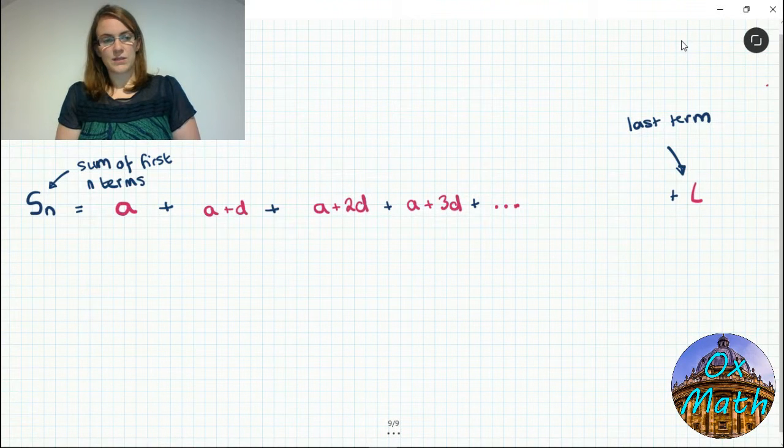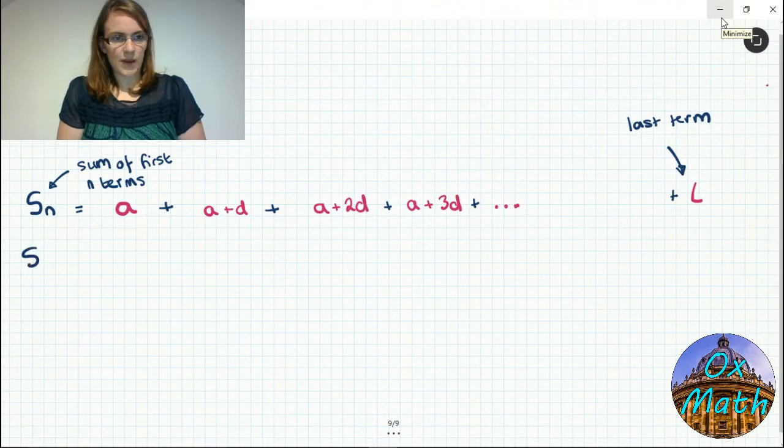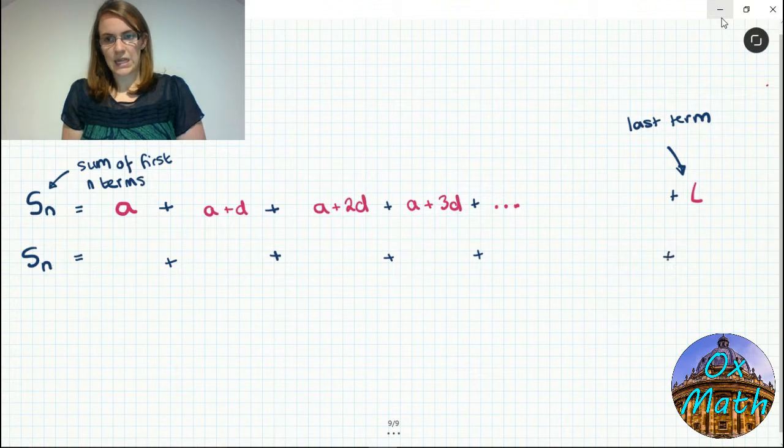And the first thing to do is write out the same sequence backwards, so the same series backwards. So we again want to write out the exact same thing for Sn, but this time we're going to start with our last term and write all the terms out backwards directly underneath, from our last term all the way to our first term.